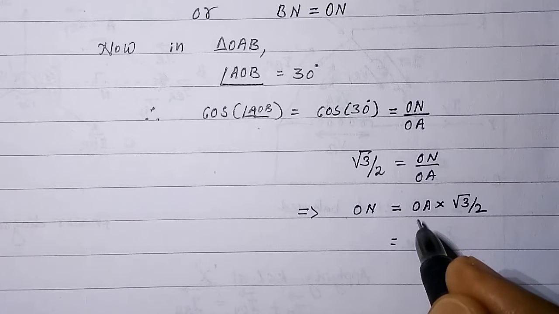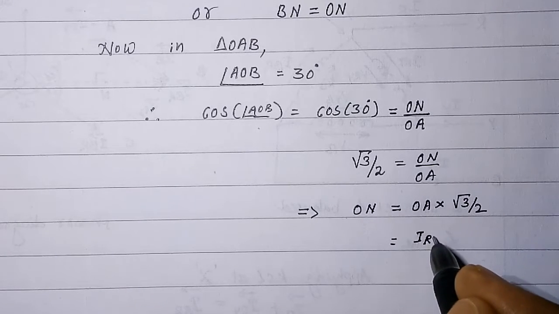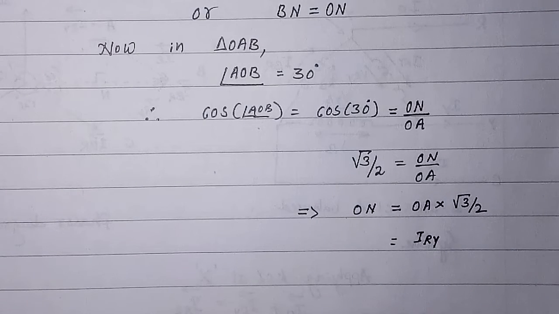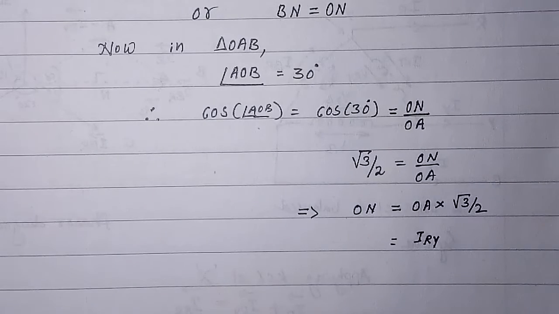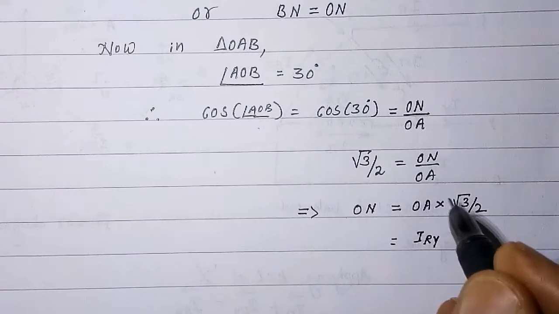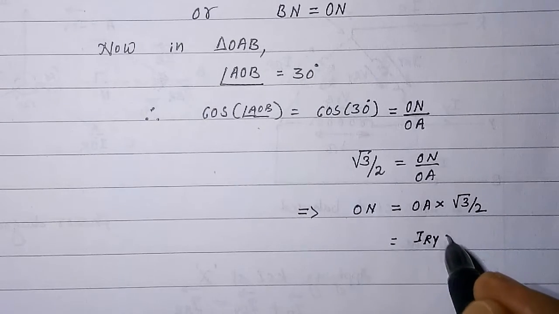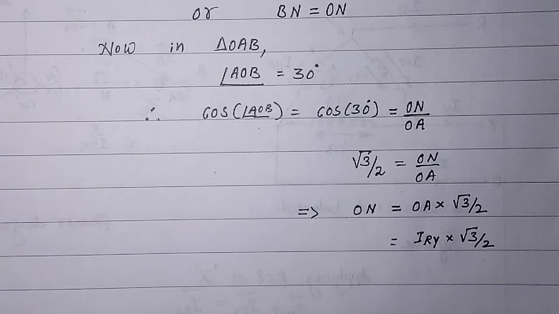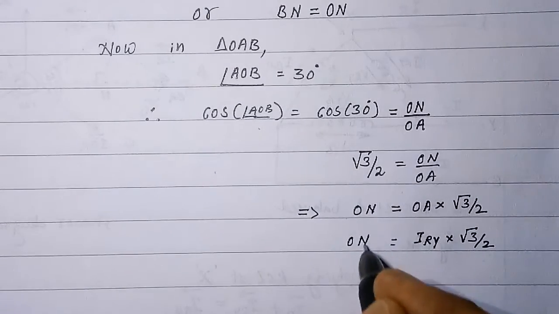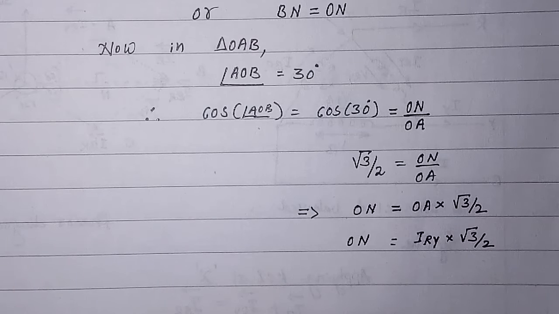OA is IRY reversed. Here I will take only the magnitude of IRY, not the direction, right? So into root 3 by 2 we will write here. That is equal to ON.